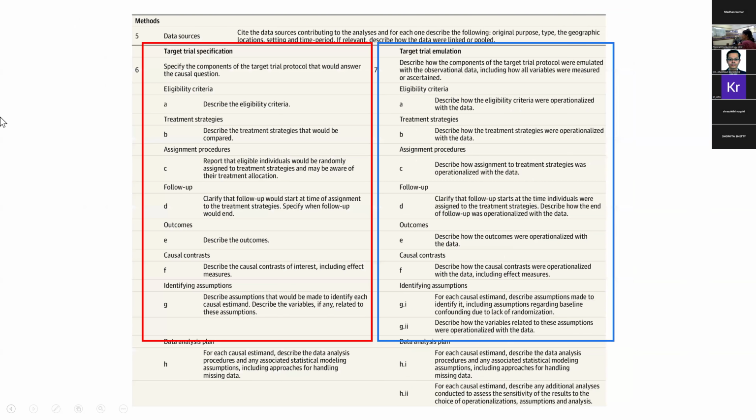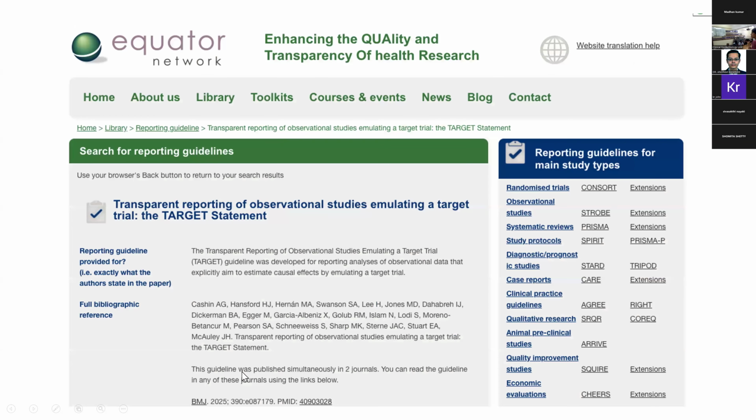So in methods they have two things. Like I said, the left column is your target trial or your hypothetical RCT that you would have designed. Could you have had the resources and the time? And target trial emulation, the right side, is the observational data that you have now. How did you map it to fit into this RCT? The TARGET statement is now available for download on the EQUATOR network as well.